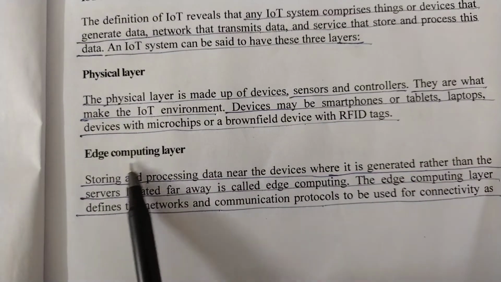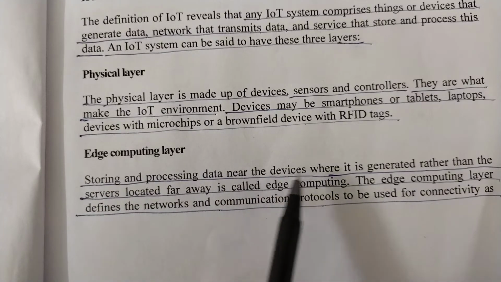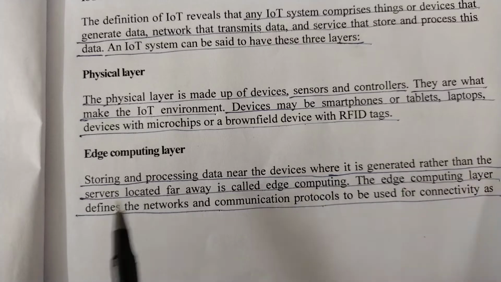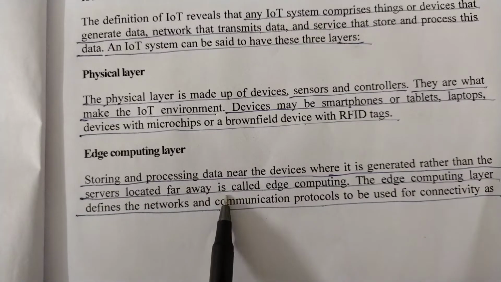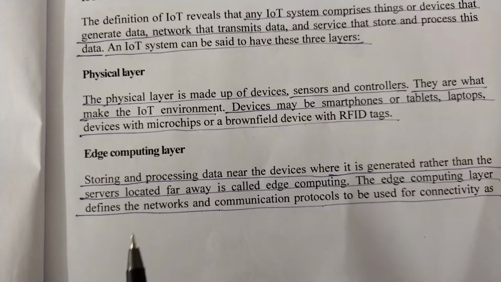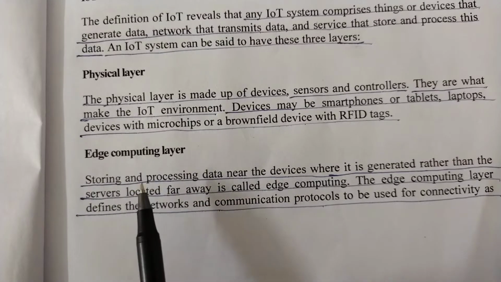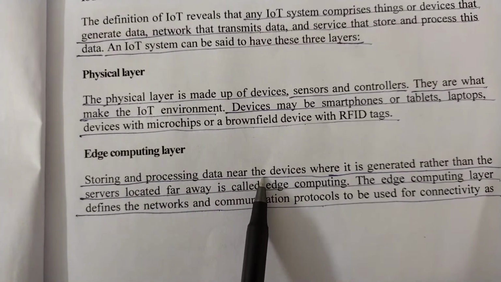Now the second is your edge computing layer. Storing and processing data near the devices where it is generated, rather than on servers located far away, is called edge computing. In contrast to the general storage of data, wherein servers are exclusively bought by organizations in a faraway location, in the edge computing layer of IoT the data is stored and processed near the devices, right?